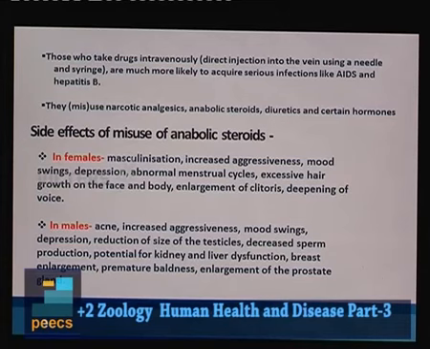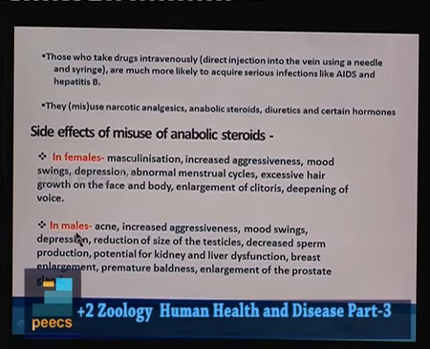Development of male characters, male features, that is masculinization in female. Then increased aggressiveness, mood swings, depression, abnormal menstrual cycles, excessive hair growth on face and body, enlargement of clitoris, deepening of voice. So, all these are side effects of misuse of anabolic steroids in females.